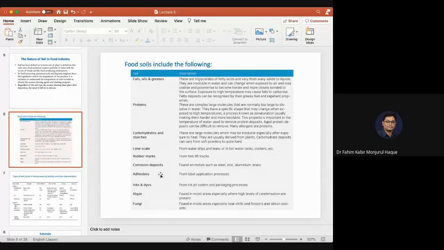So these adhesives can create a problem in the industry. For example, those adhesives stick on the floor. We know that dirt can easily get attached to the adhesives, and if the dirt can get attached to the adhesive, they will attract the microorganisms. So all the microorganisms and other types of dirt can get easily attached to the adhesives. So actually, it's important to remove those adhesives. Okay.